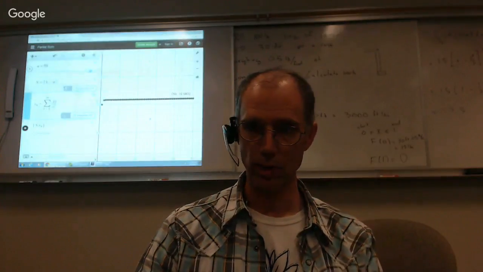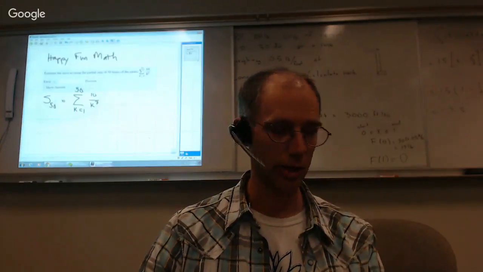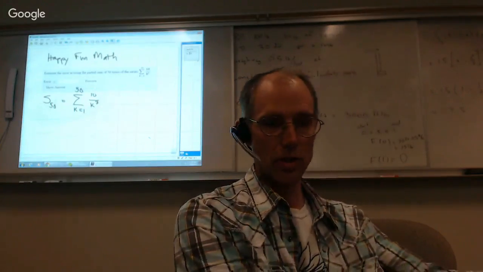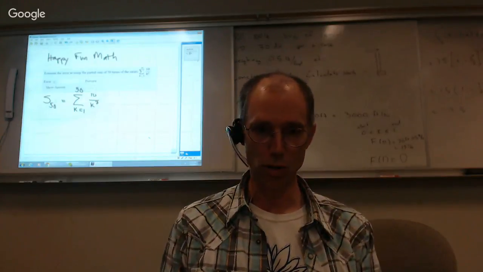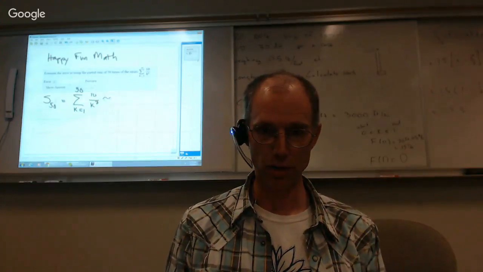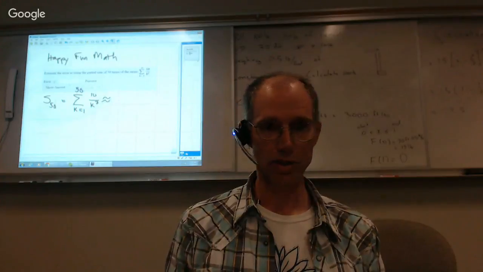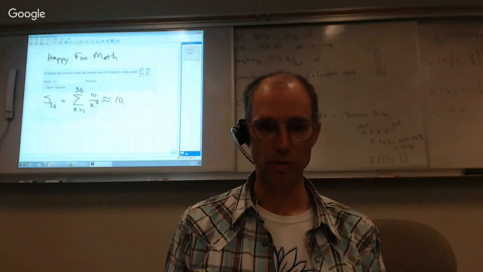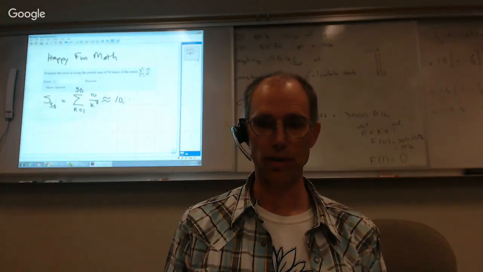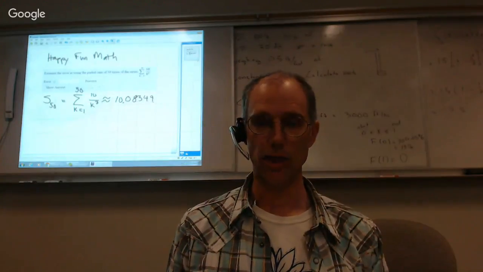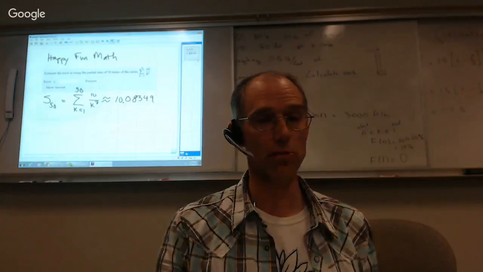Okay, so we're at about 10.083. So we want to know how close is that to the actual one? And I'm not sure how to tell Desmos to give me more decimal places. How many do you have there? All right, give me 5 of them. 10.08349. Okay, so let's see how accurate that is approximately.